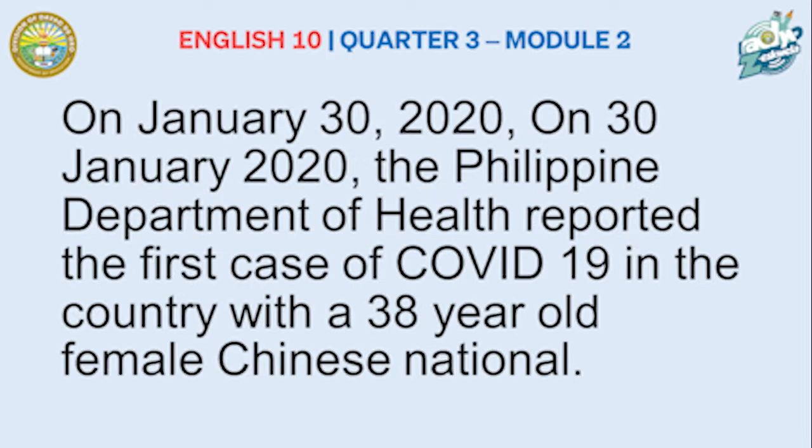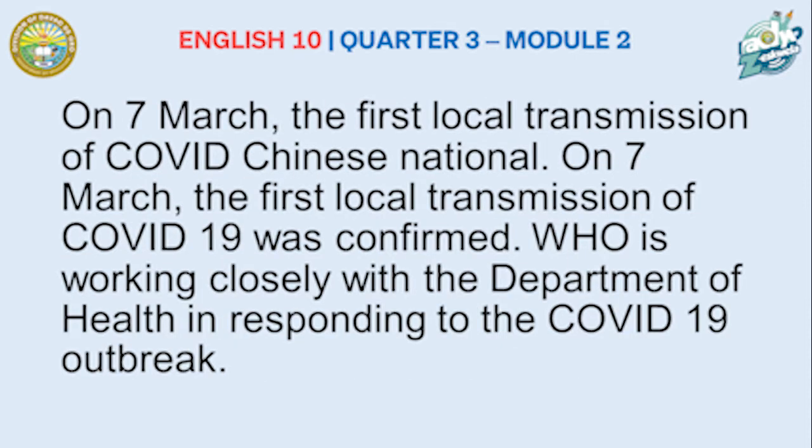On January 30, 2020, the Philippine Department of Health reported the first case of COVID-19 in the country with a 38-year-old female Chinese national. On 7th March, the first local transmission of COVID-19 was confirmed. World Health Organization is working closely with the Department of Health in responding to the COVID-19 outbreak.